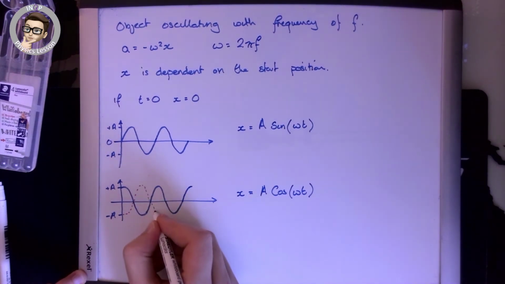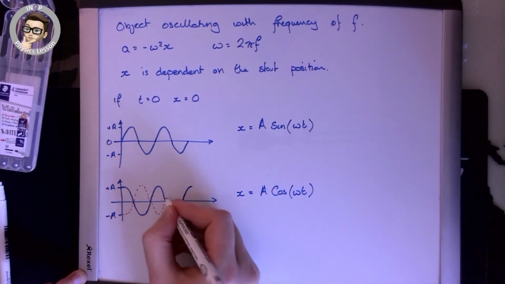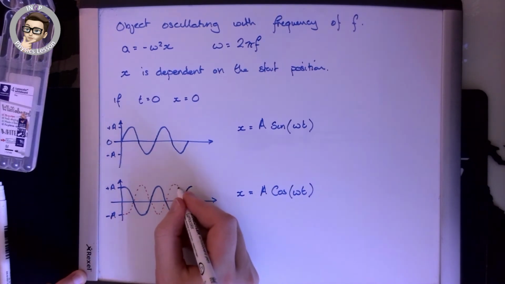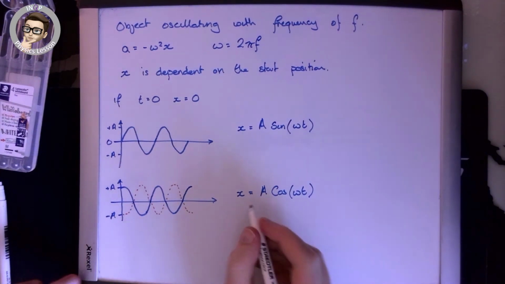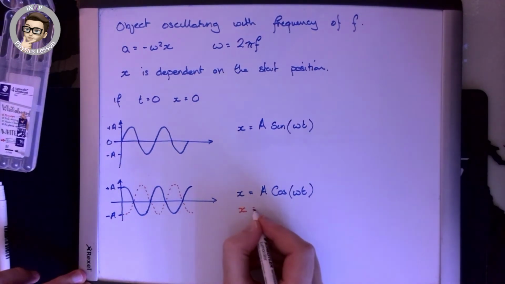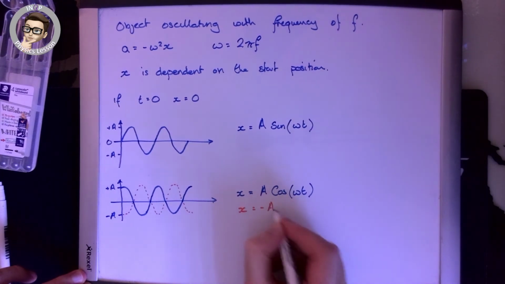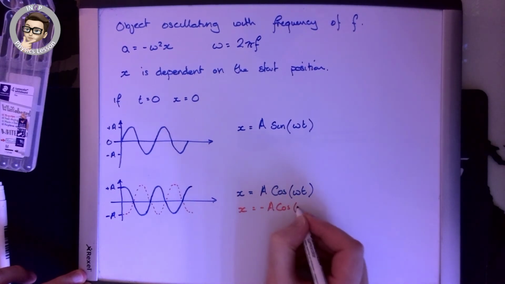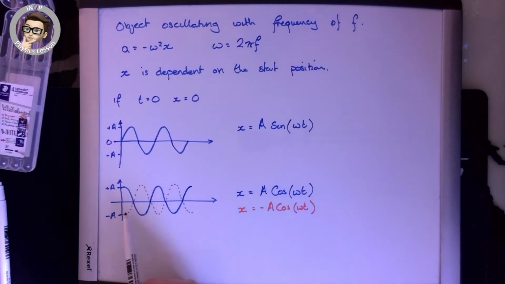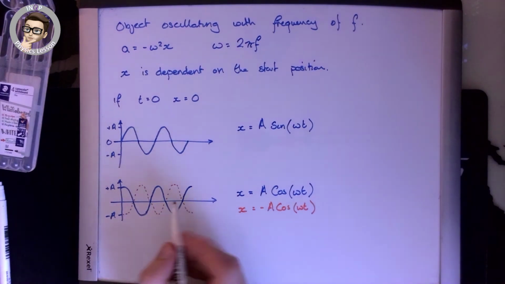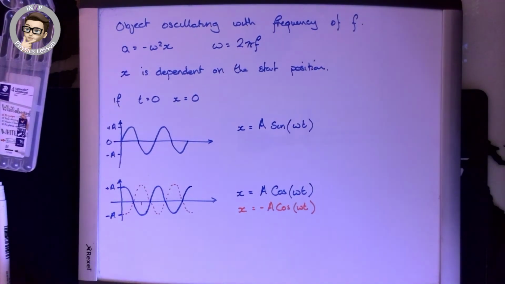Then we're going to have an exact inverse of the first one. And so we'll end up with x is equal to minus a cosine omega t. Or, and you don't need to know this, but you could also spot that this has been moved forward by a phase difference.